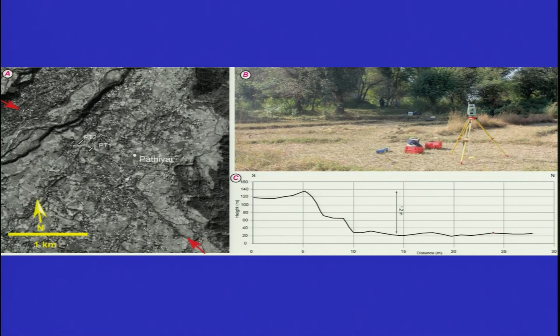So now you can see that this topographic profile is hardly 1.2 meter in height, and as I was saying, whether we will be able to pick up the deformation of 1 meter or less than that, to some extent yes.